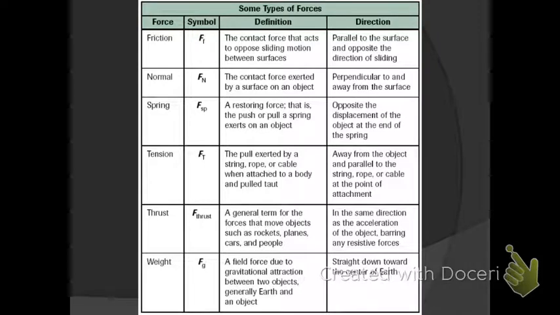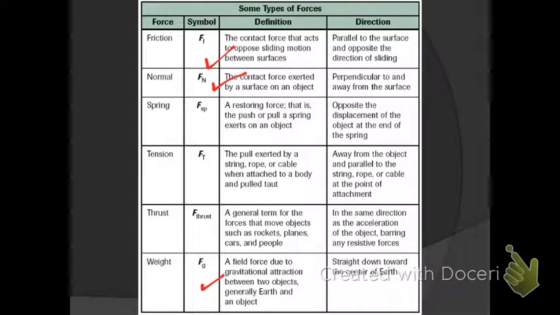We've talked about a few of these so far. We've talked about friction, the normal force, and the weight force, right? Those are three that we should be familiar with and the way they're labeled: Fg, Fn, Ff.